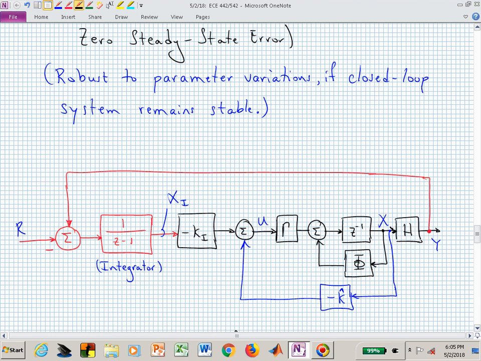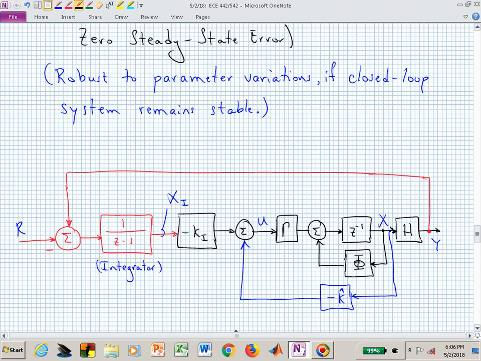The integrator I've tried to incorporate in the red. So you know an integrator in the analog setting is a pole at the origin. Well, a pole at the origin corresponds to a pole where in the z-plane? At 1. And this integrator piece has a pole at z equal to 1.